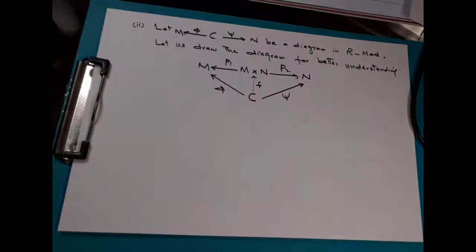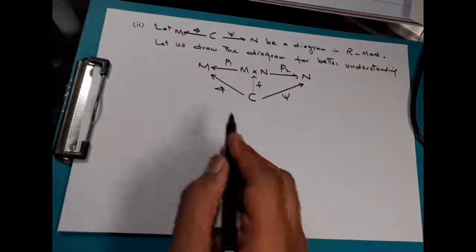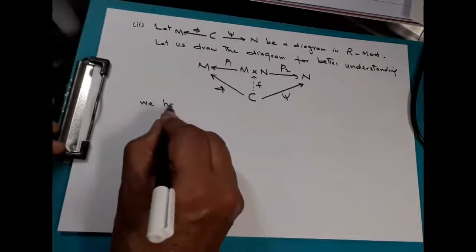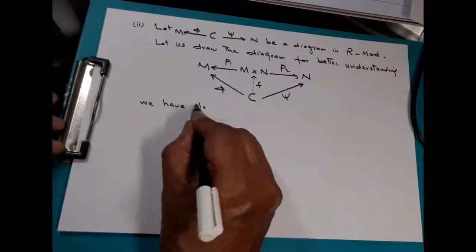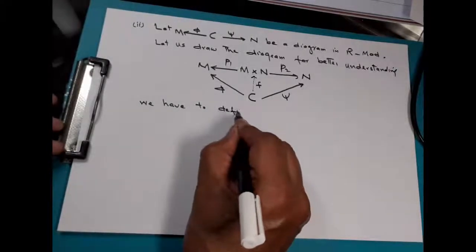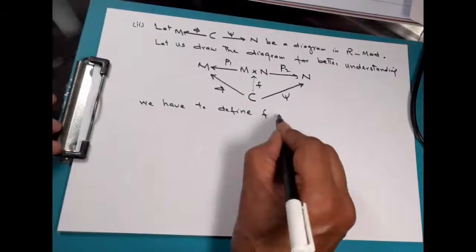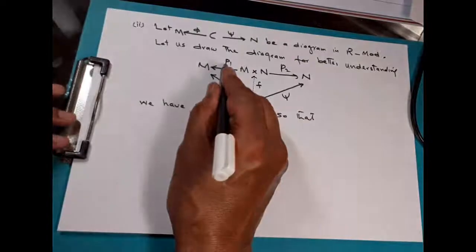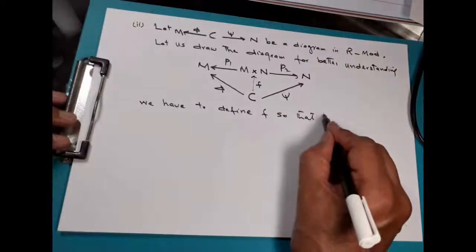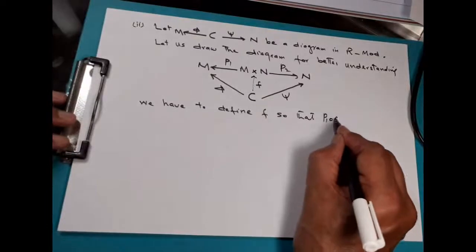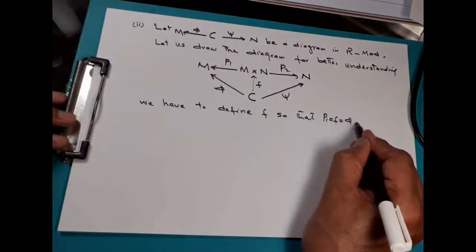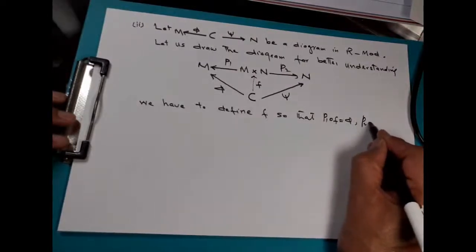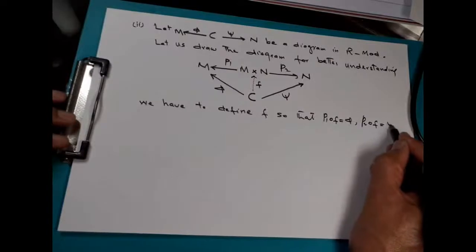So we have to define F so that P1 composed with F is equal to phi, and P2 composed with F is equal to psi.